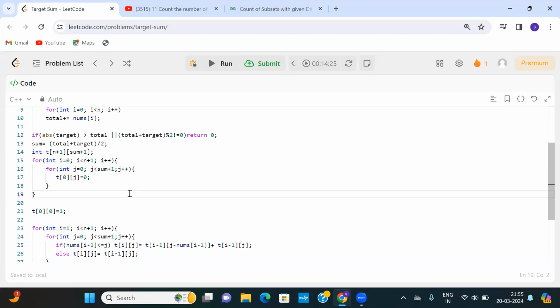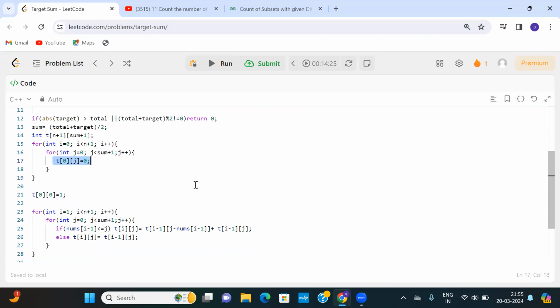If the size of the array is 0, it's impossible to achieve a non-zero target. So we set t at the index of 0 at the index of j equals 0. If our target is given to us as 0, it is possible. So in each and every case, we can achieve target 0 with the empty set. So t at the index of 0, 0 will be equal to 1.